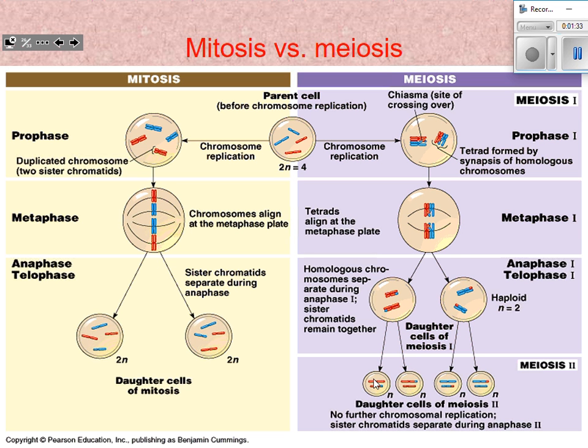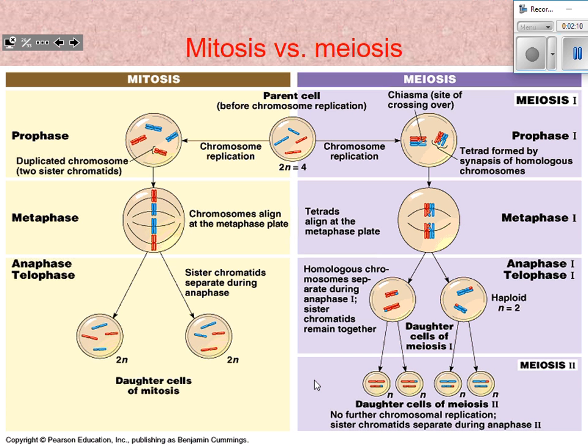Linda, what's something different? Give me something else that is different between meiosis and mitosis. Well, they both duplicate the chromosomes, but what's something that is different between the two?